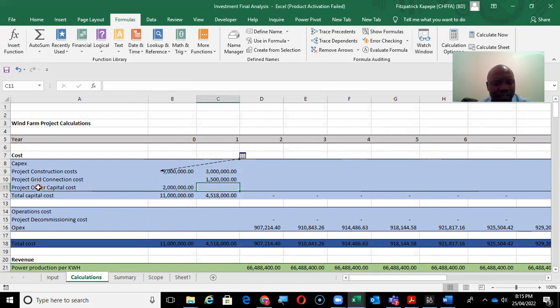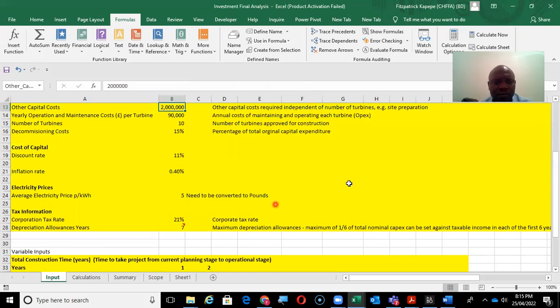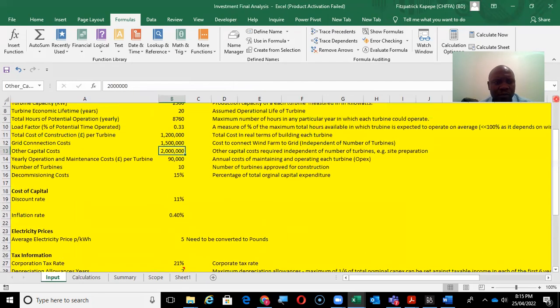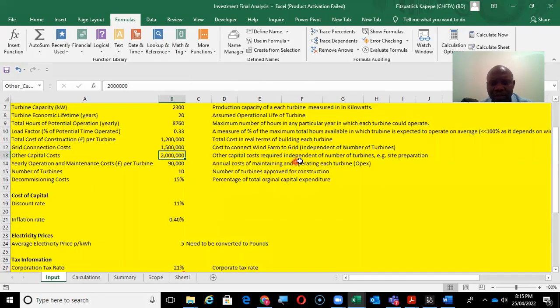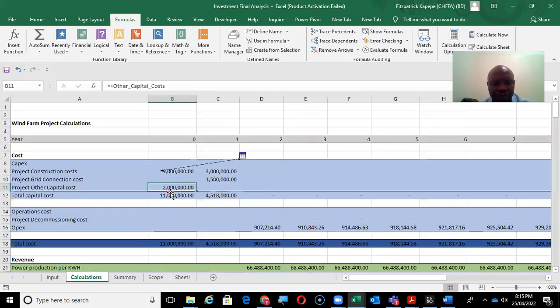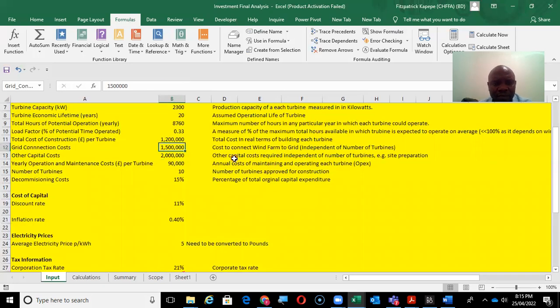Then we have the project other capital costs of 2 million, the capital cost required independent of turbine site preparation. That's fine. Then you have the project grid connection, connecting the wind farm to the grid, which is also a very good assumption that it is going to come in the second year, which is fine.